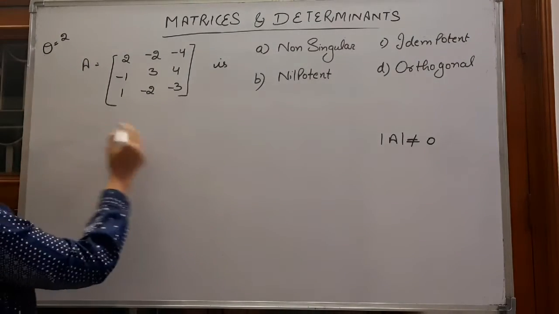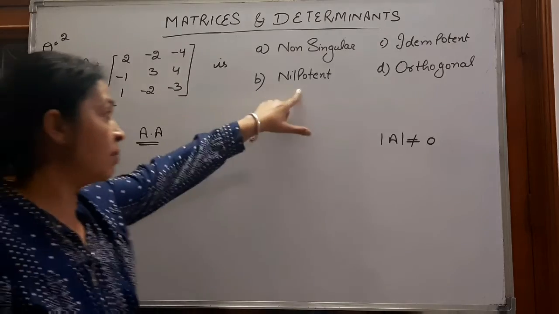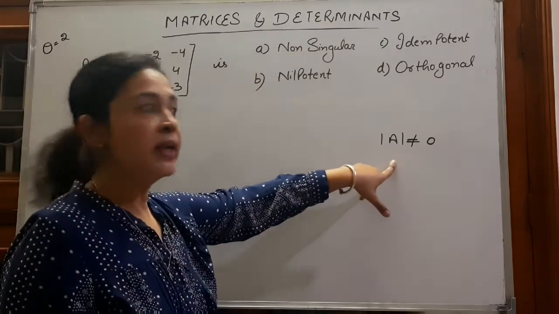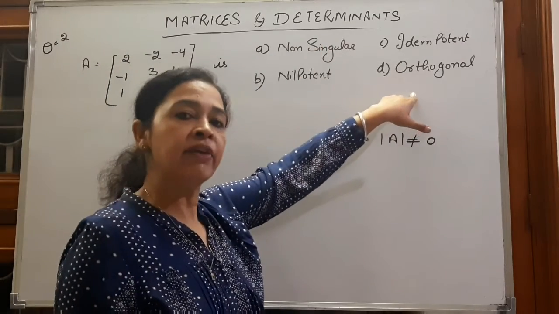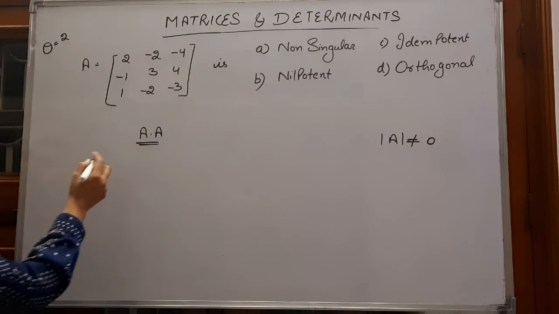Let's first multiply A with A to check whether it is nilpotent or idempotent. Otherwise, we will find the determinant. If it is not correct, then we will multiply A with A transpose. First, multiply A with A.